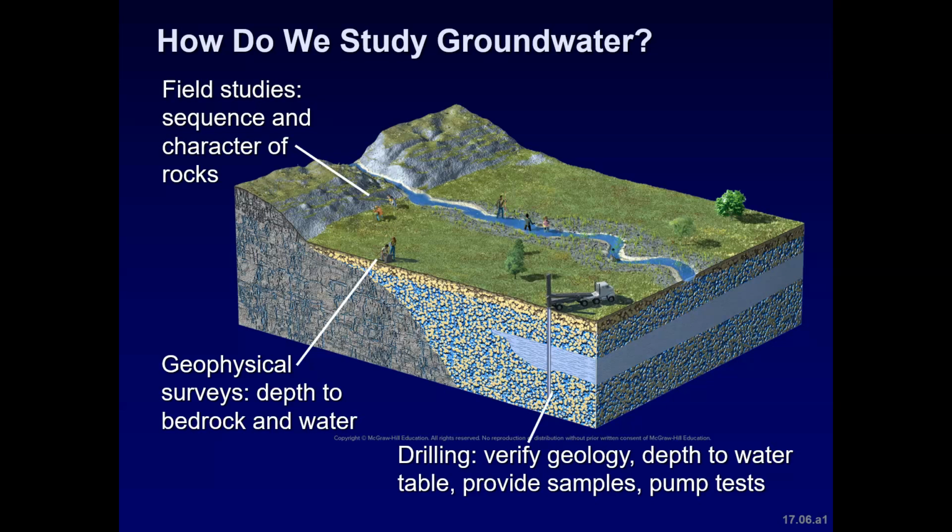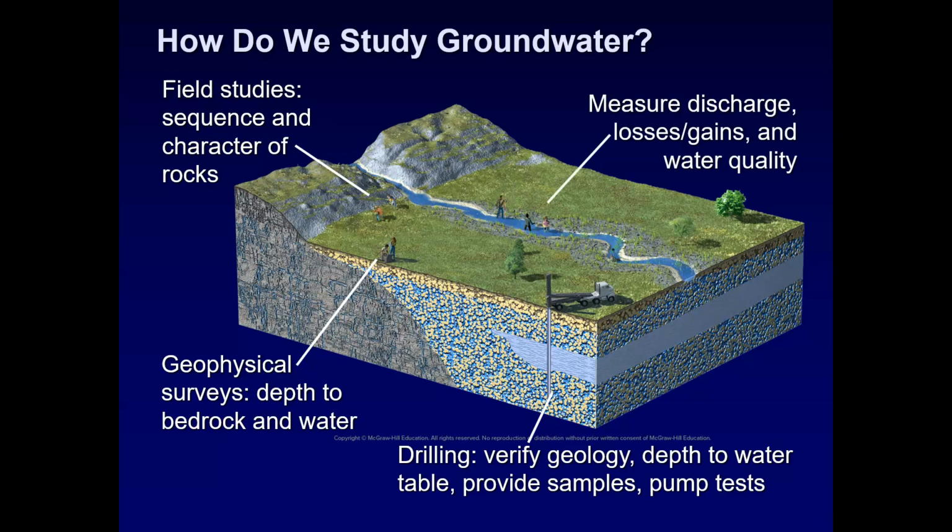Drilling can also be used to verify geology, the depth to water, and provide water samples or pump tests. Look at how fast we can pump out water from the subsurface as well. We can measure discharge, losses and gains of water, and water quality from the surface.